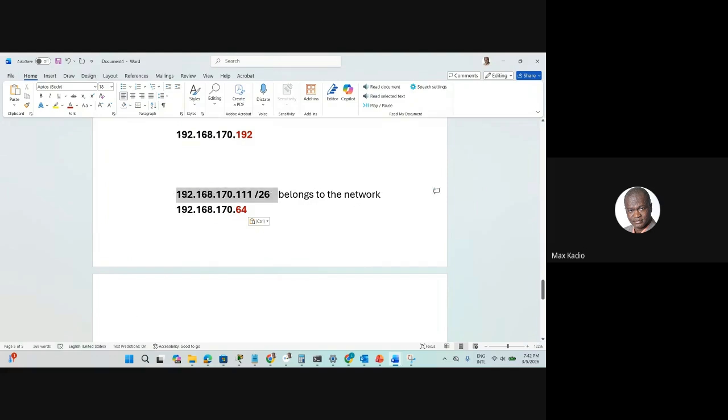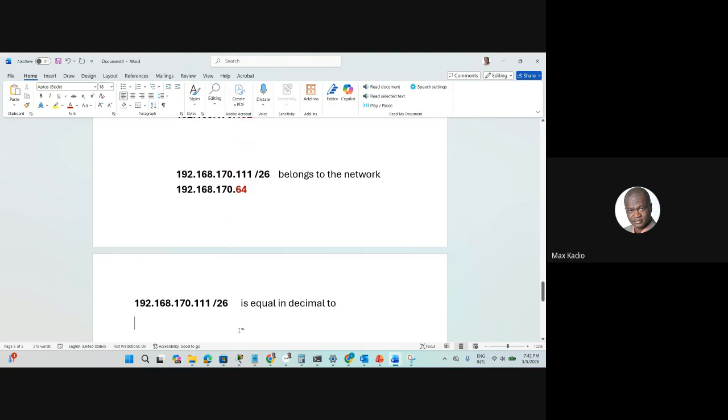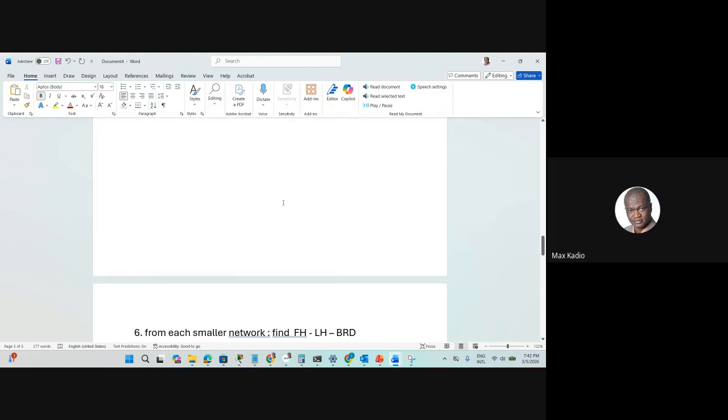Remember, this one is equal in decimal to, so you see slash 26. If you convert everything in decimal, remember we did that.